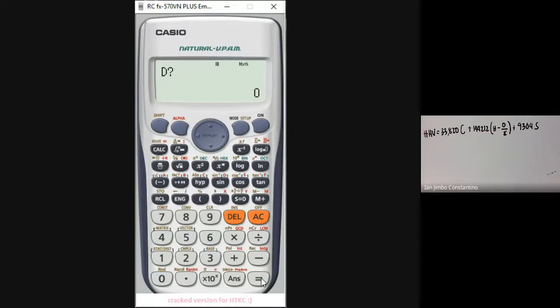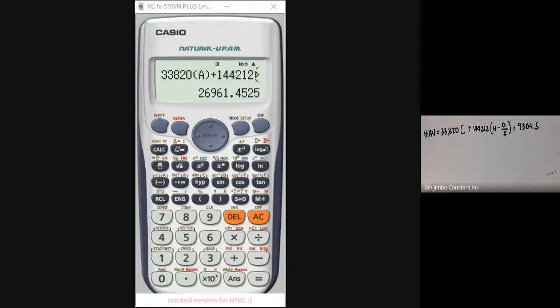And then for letter D, for your sulfur content, 7%, so 0.07. So the answer will be 26,961.4525 kilojoule per kilogram. Anyone? Okay, Mr. Divinagracia again, very quick in solving. Mr. Balin, is the answer correct? Mr. Tagupa, thank you. Okay, so we arrived at 26,961.